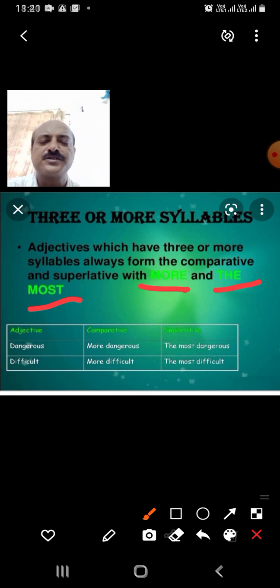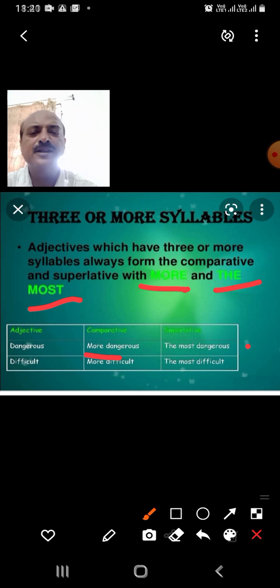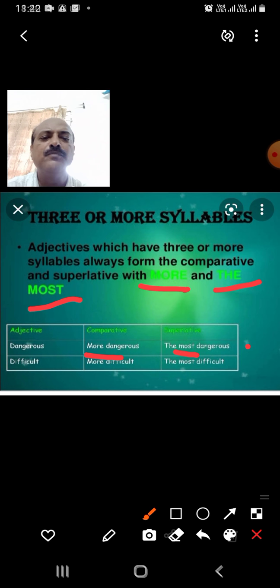Now dangerous: more dangerous, the most dangerous. In dangerous, A, E, O, U, there are four vowels. So we add more in comparative degree and most in superlative degree. Difficult: I, U. There are two I and one U. So three vowels. So more difficult, most difficult.